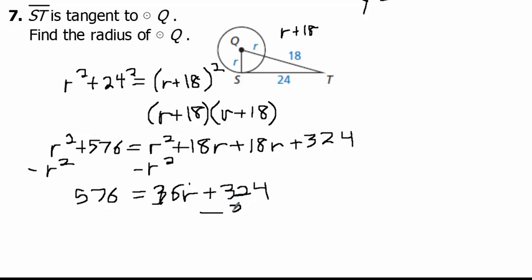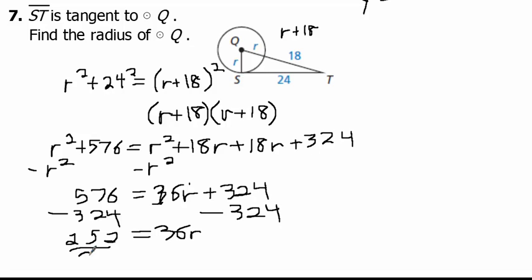Then we're going to subtract 324 from both sides, giving me 252 divided by 36.